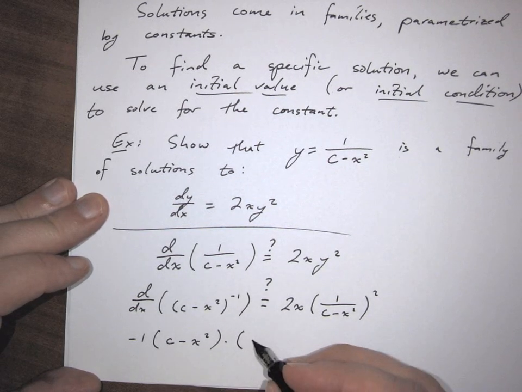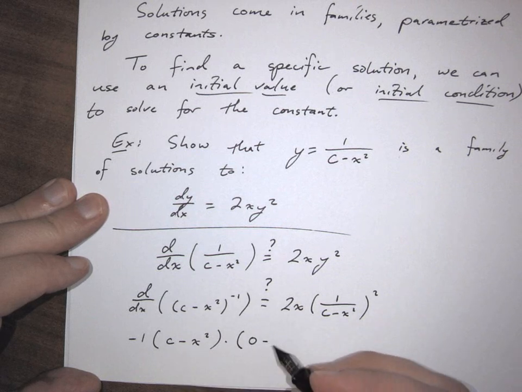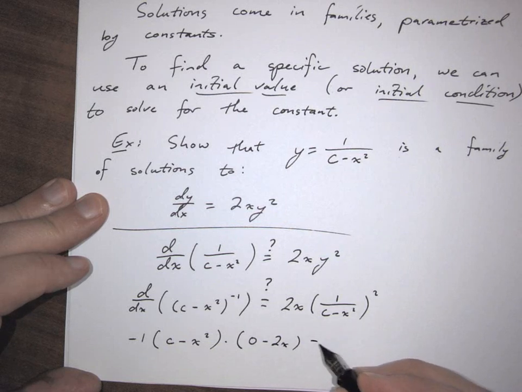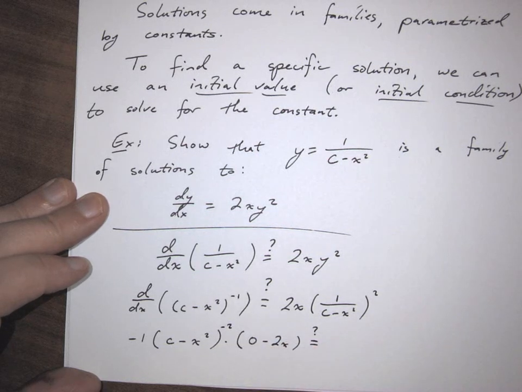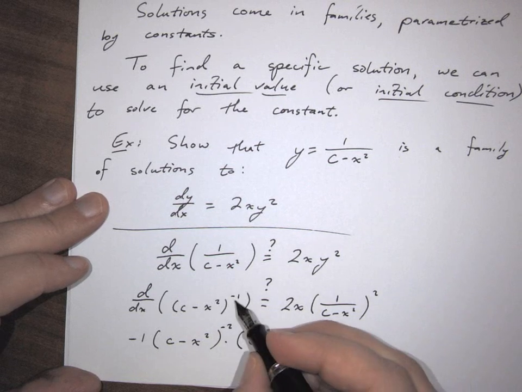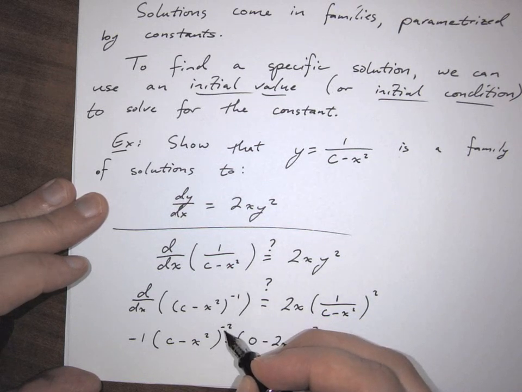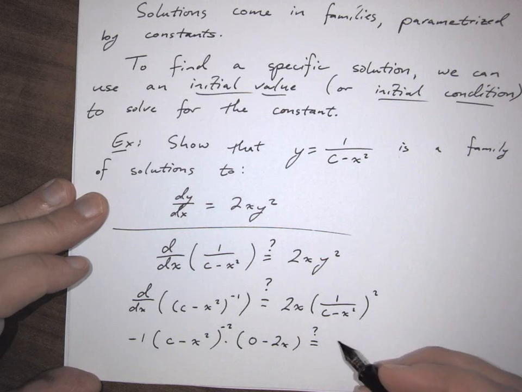So when I multiply here, it's just going to be 0 and minus the derivative of x squared, which is just 2x. Now, when I take the derivative of this expression, the power rule says that I should subtract 1 from the power. Okay, back to work.